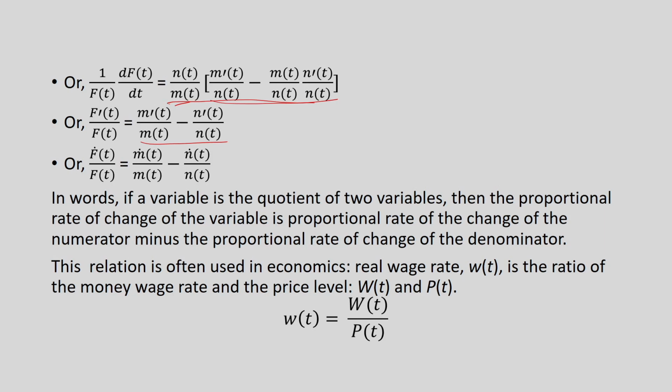Or in other words, f dot t divided by f(t) is equal to m dot t divided by m(t) minus n dot t divided by n(t).